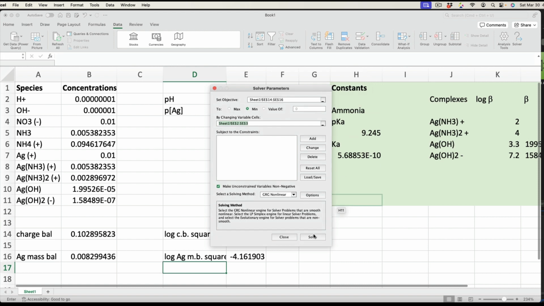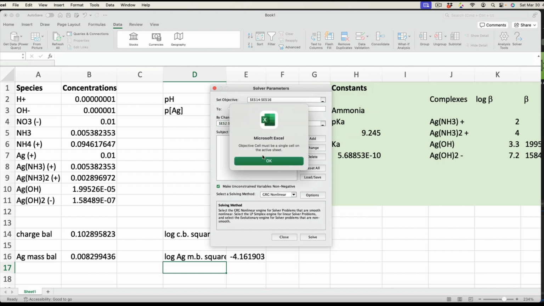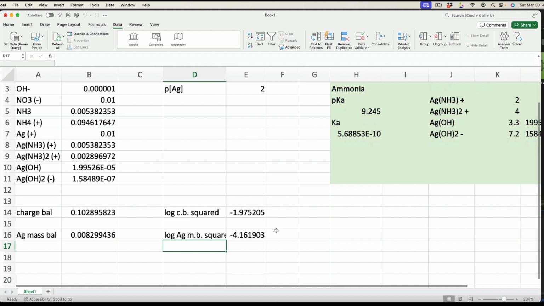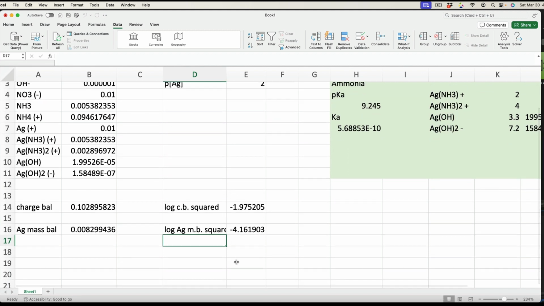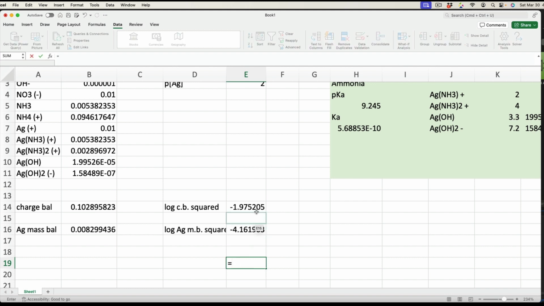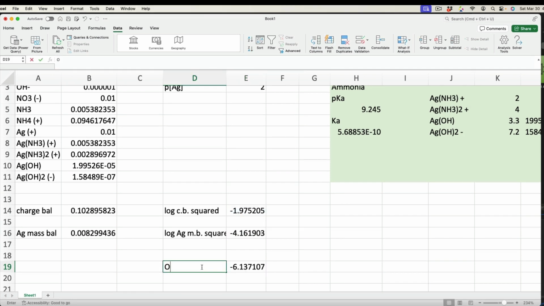Okay, let's try and run it. Here's what I was saying before. The objective cell must be a single cell on the active sheet. So how do we get these two cells to a single cell? Well, we want both of them to be as small as possible. So let's just add them up. If they're both really small, their sum will be really small too. So this is going to be our objective, and this is just this plus this.